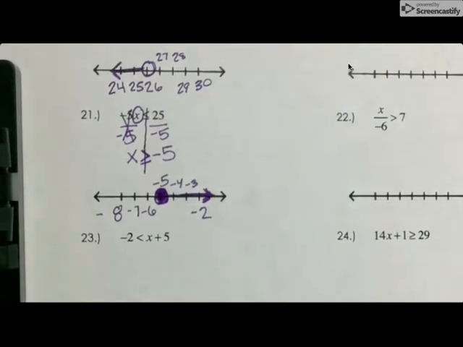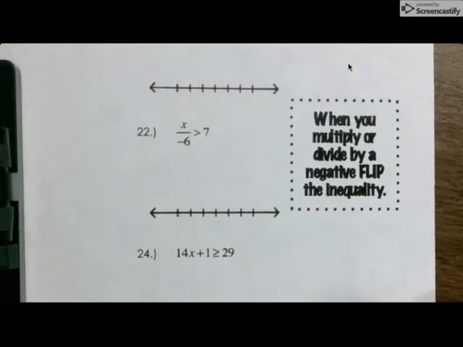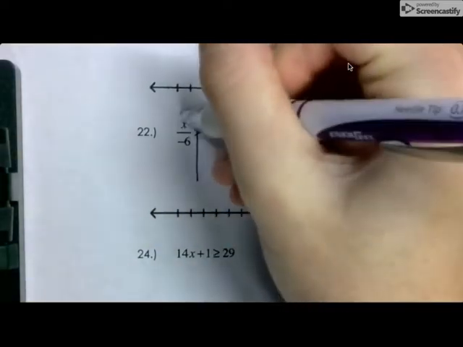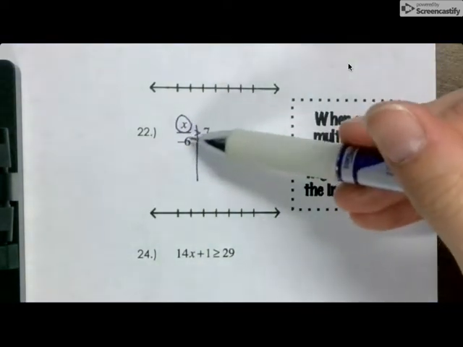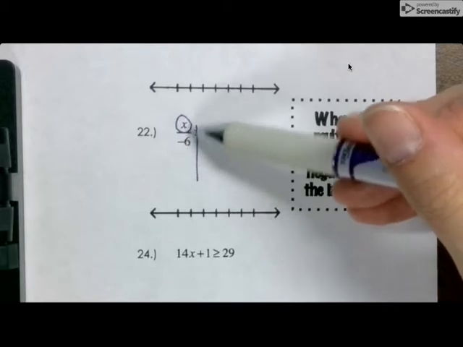Okay? So looking at 22. Same thing. Draw my line, circle my variable. These two things are in the same term.